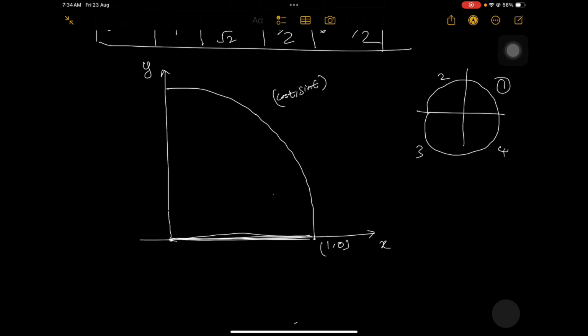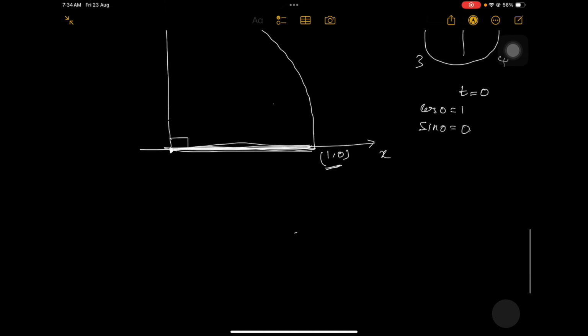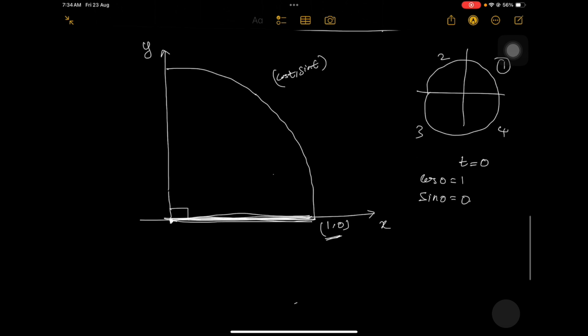So what this means is cos 0, t is 0 here. In this angle, t is 0 because there is no angle, it is just a horizontal line. So cos 0 is 1, sine 0 is 0. This is obvious because we don't have to derive it. It is obvious from the first quadrant of the circle.